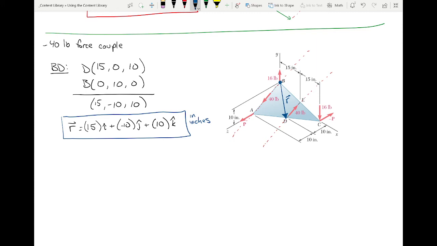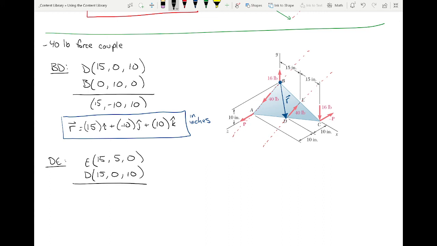Okay. For the force vector, unfortunately, we have a little bit more work to do, right? Because we have to take the coordinates of E minus the coordinates of D. So let's do that. Let's see, I've got to go back here. E is 15, 5, 0, and D is 15, 0, 10.